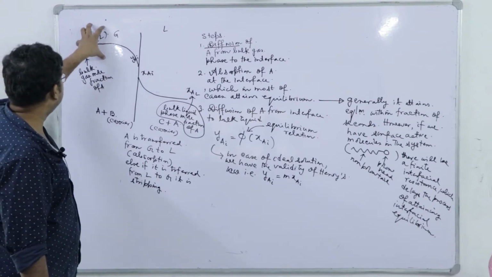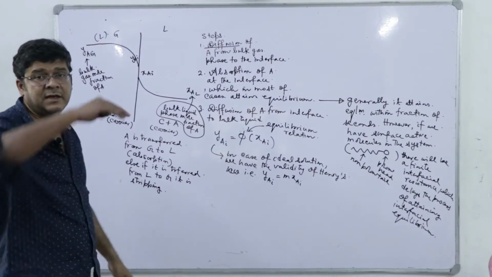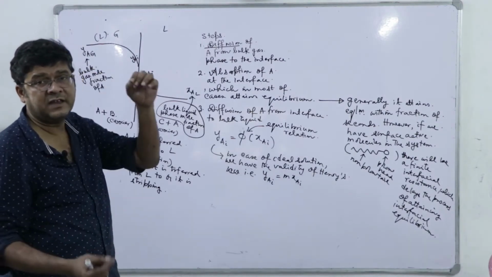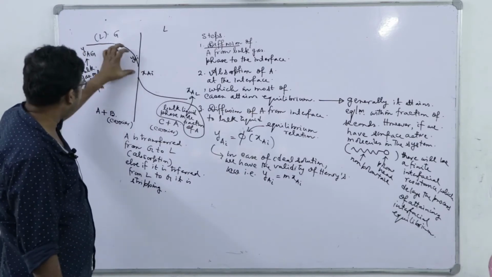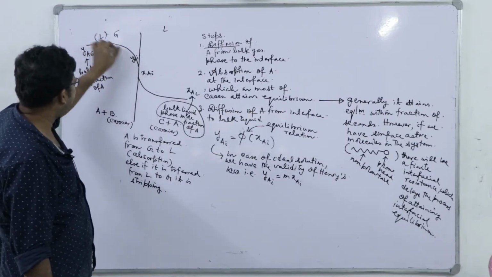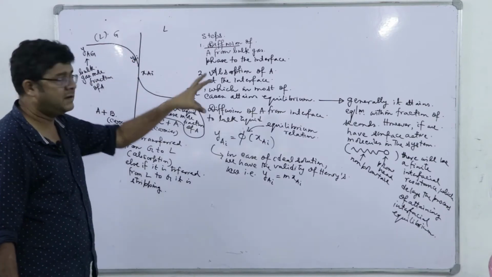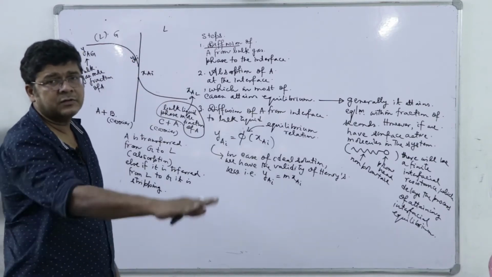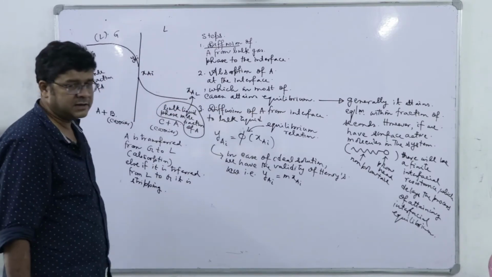So, here we need low driving force, here the driving force must be high. So, the degree of concentration drop will be high. That means here we will have a high gradient of concentration close to the interface, and it simply decays down to a constant value of the bulk concentration in the bulk gas or the bulk liquid phase.